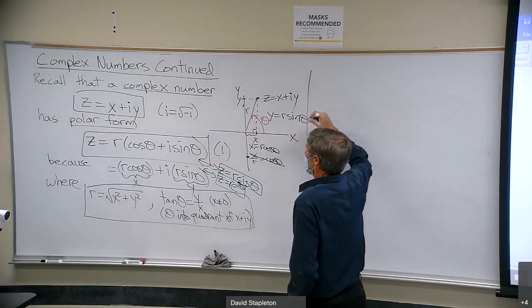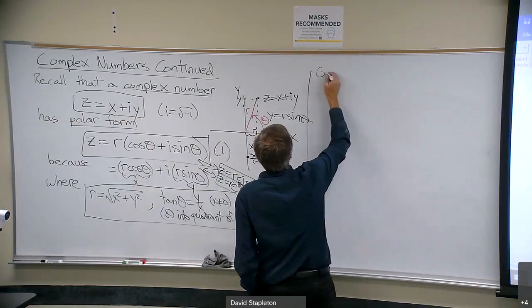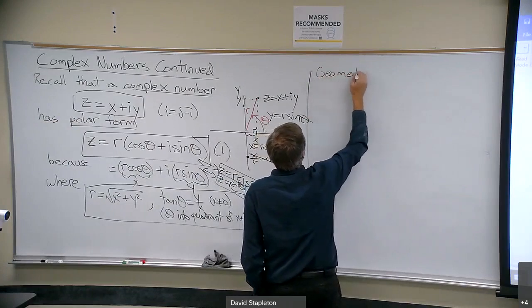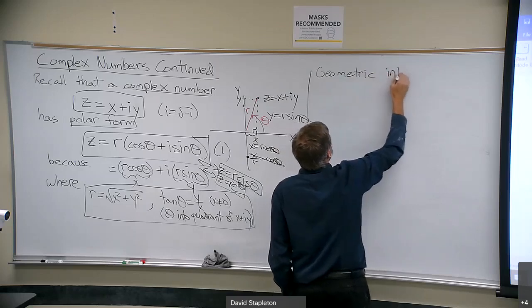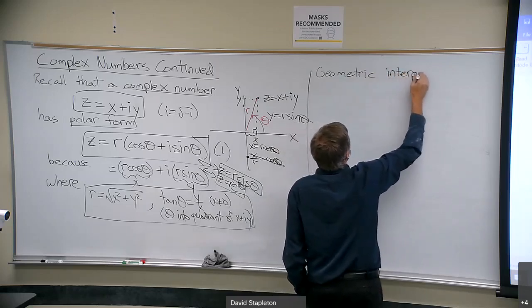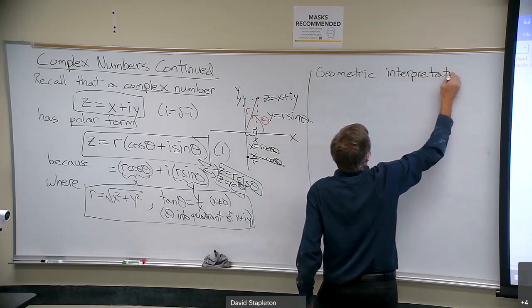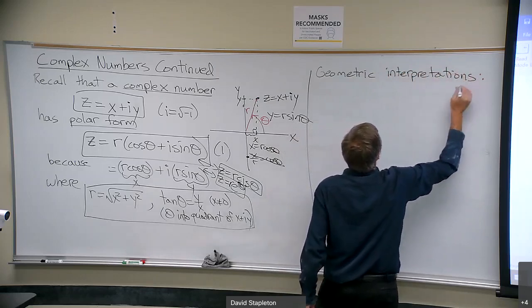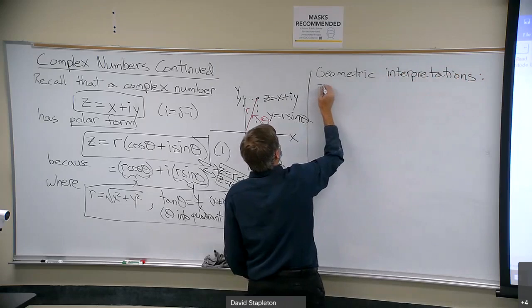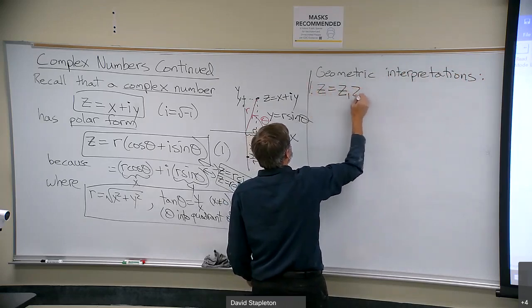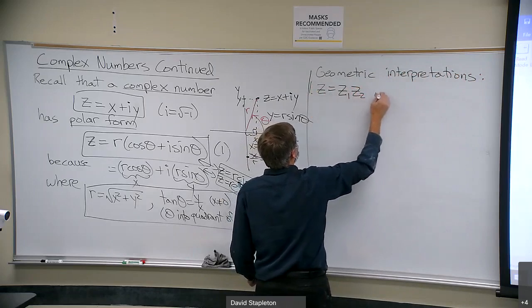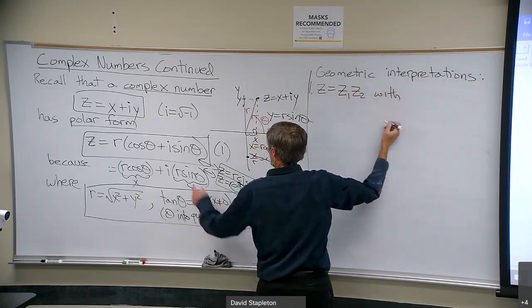Now, this has a really neat geometric interpretation for multiplication, division, powers, and roots. Suppose I take z, the product of two complex numbers, z1 and z2, with z1 and z2 written in their polar forms.